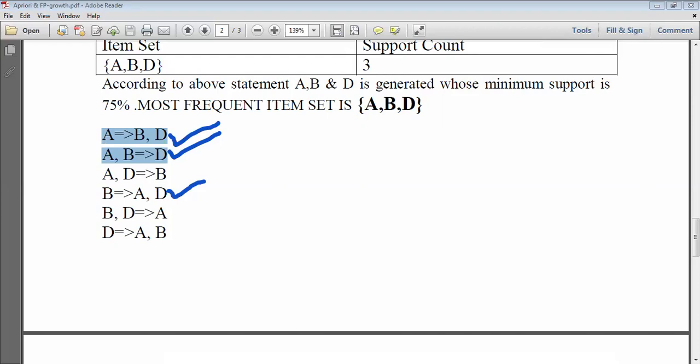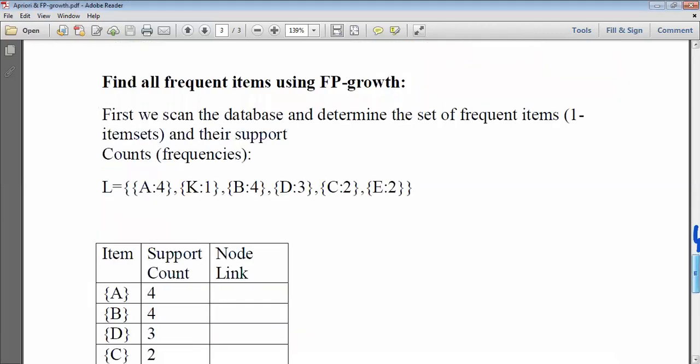And the next one is we can calculate it. Find all frequent items using FP growth algorithm.